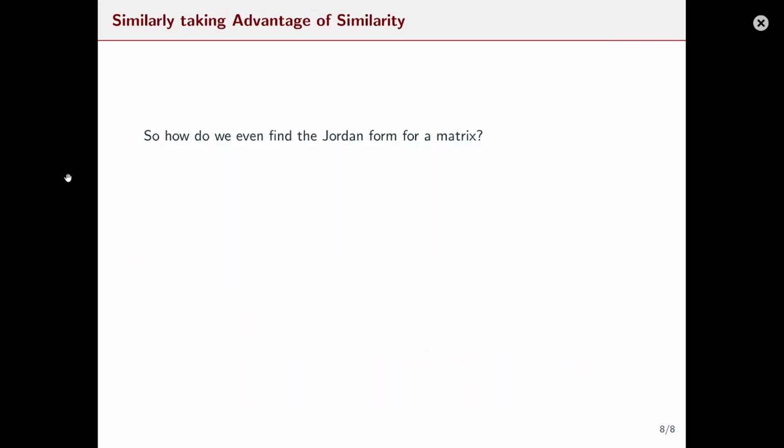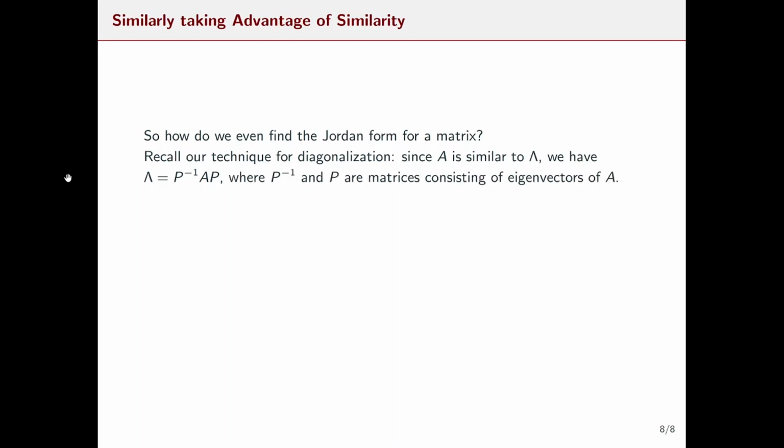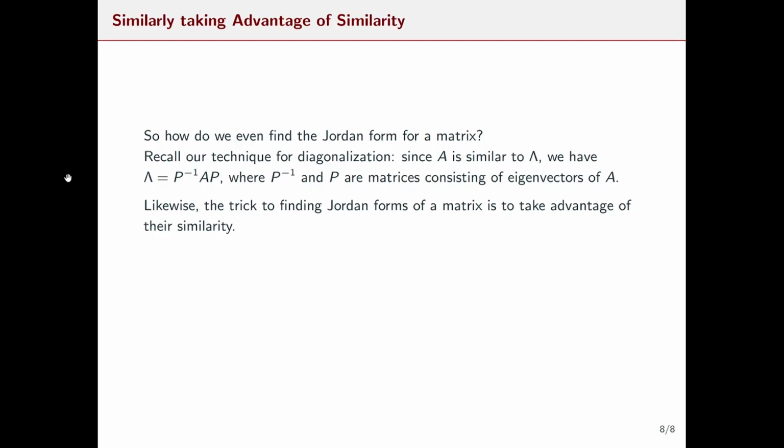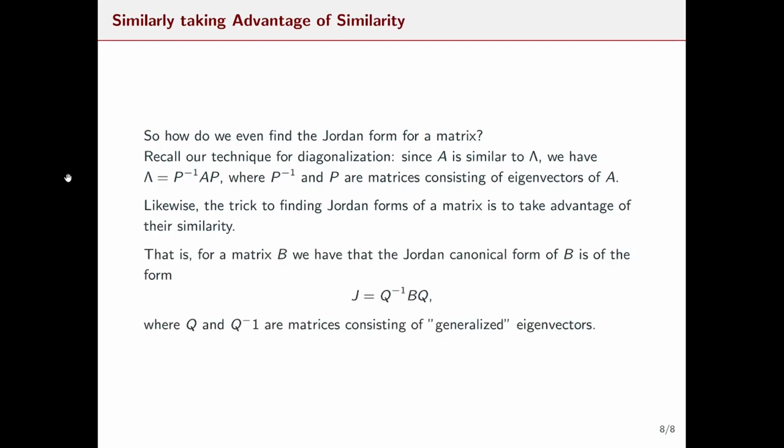So now we're probably wondering how we even find the Jordan canonical form for a matrix. Well, we should recall our technique for diagonalization. We take advantage of the fact that A is similar to a diagonal matrix, and so we set up this equation. Here, the P matrices consist of eigenvectors of A. The trick for Jordan canonical form is actually very similar.